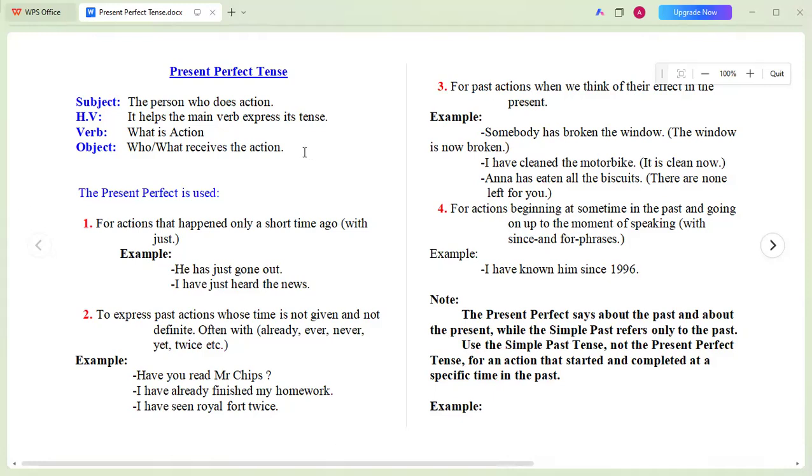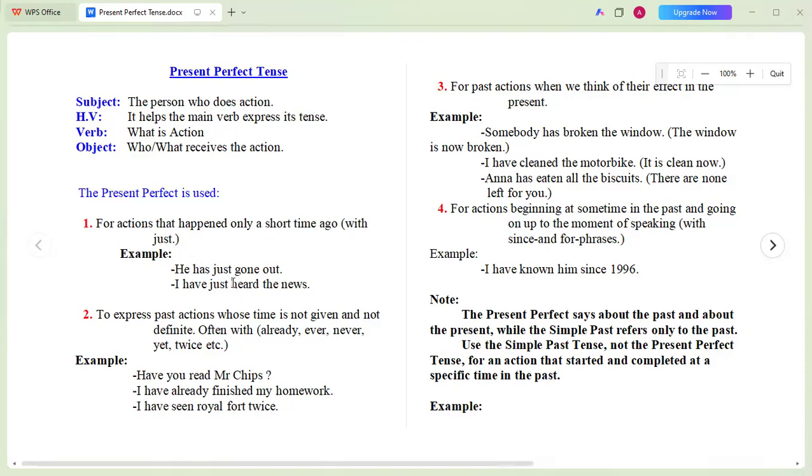So now the present perfect. It is used for actions that happened only a short time ago with just. It means that the present perfect tense is used with just, such as I have given an example. He has just gone out. Okay.